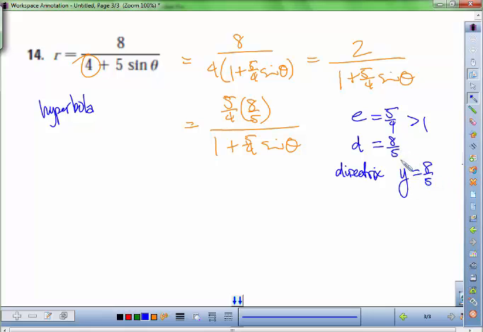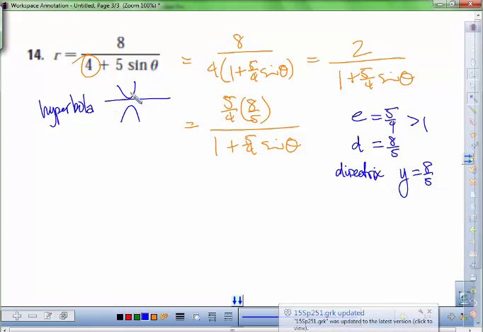The directrix is a positive value. Is the hyperbola opening up and down or left and right? Up and down. So it'll probably be something like this, and then we have a directrix of 8/5. One of the focus points is probably going to be up there, and we'll figure out the rest in a minute. But is this okay so far? Is the algebra okay?